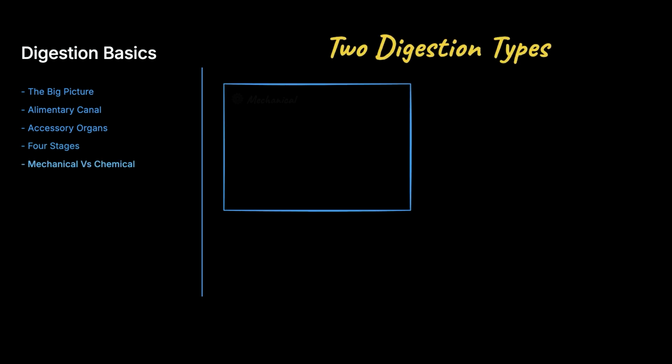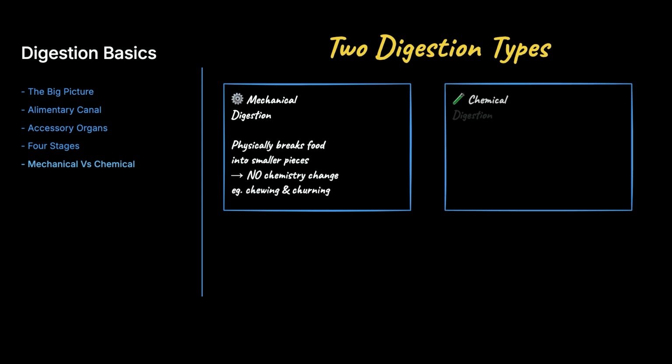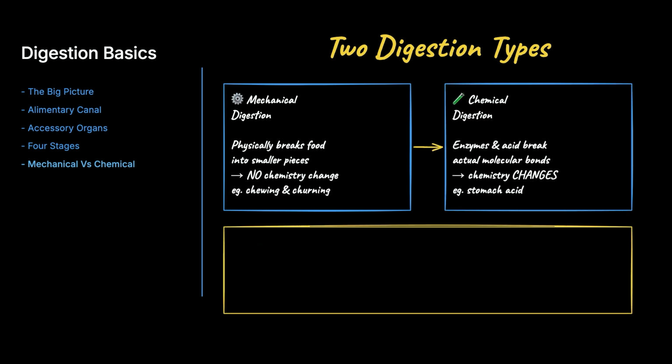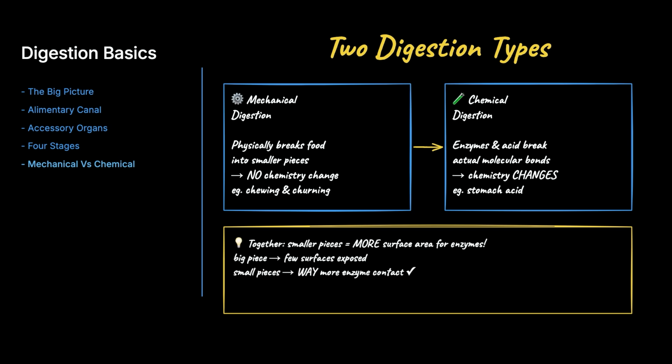That second stage has 2 flavors you must keep straight. Mechanical digestion physically breaks food into smaller pieces without changing its chemistry, like chewing and churning. Chemical digestion uses enzymes and acid to break the actual bonds holding molecules together. Both work together since smaller pieces give enzymes far more surface to attack.